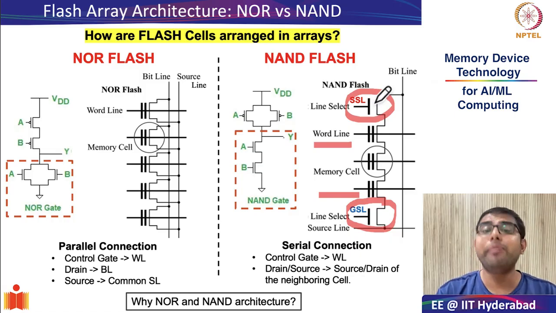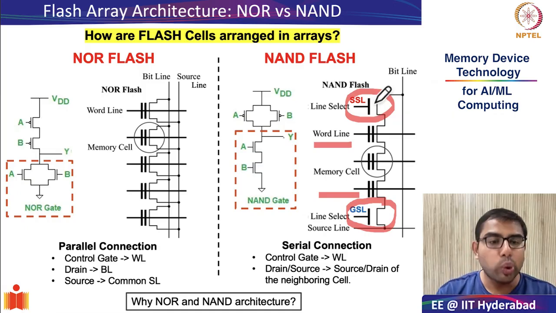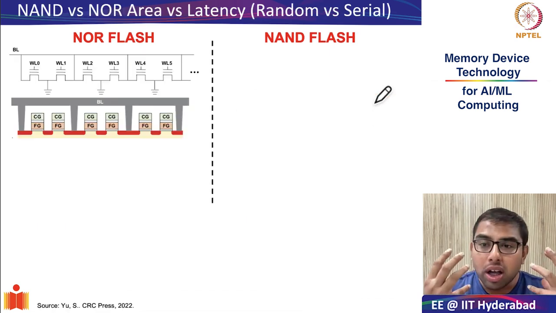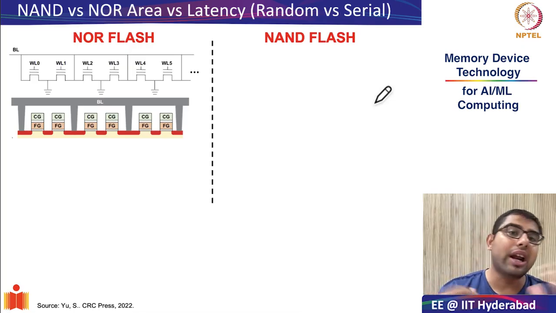And this could only be understood by moving a little bit deeper into the two architectures, by leaving out just schematics and starting to look at the so-called cell layout. As you know, we have been looking at cell layouts. The cell layouts are done to facilitate compactness in the design, to have a smaller area of the cell in the design. And that is exactly the motivation even in NOR and NAND flash.